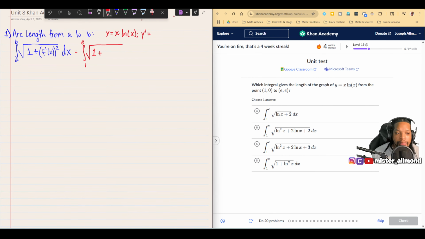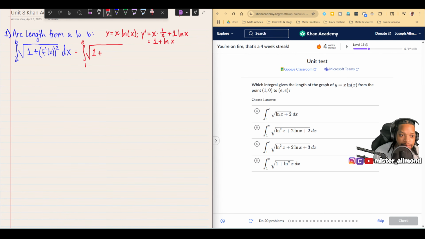Product rule, which says first times derivative of the second plus derivative of the first times the second. Hold on. Let me make sure I did that right. There we go. So that really just becomes 1 plus ln x for the derivative.